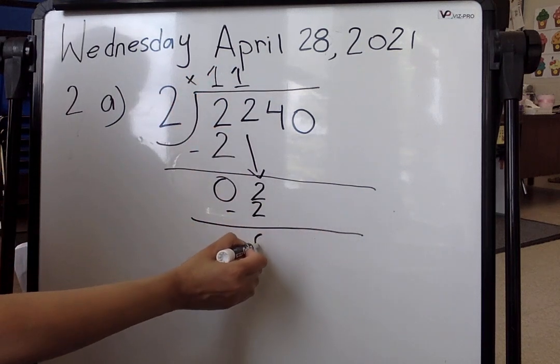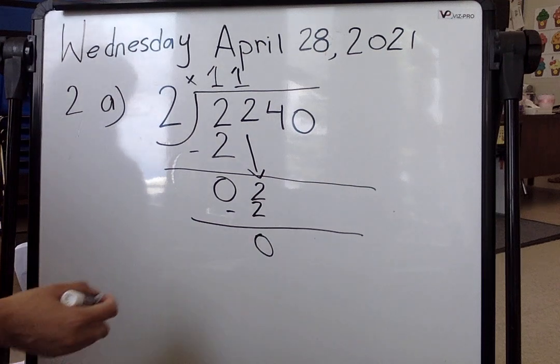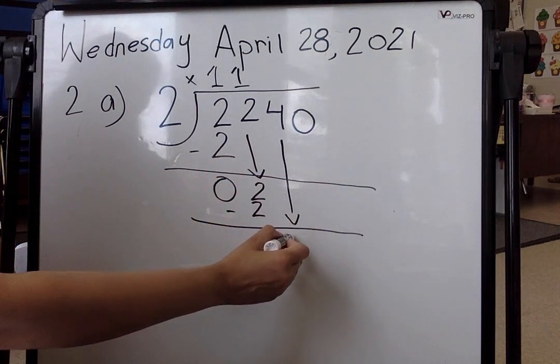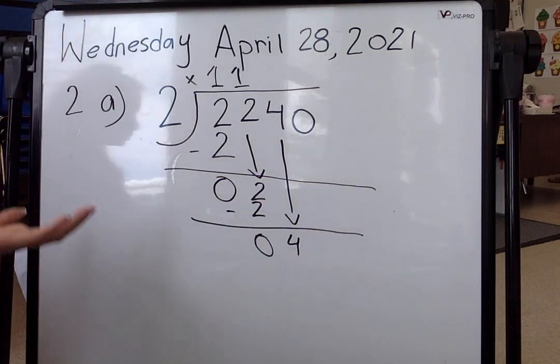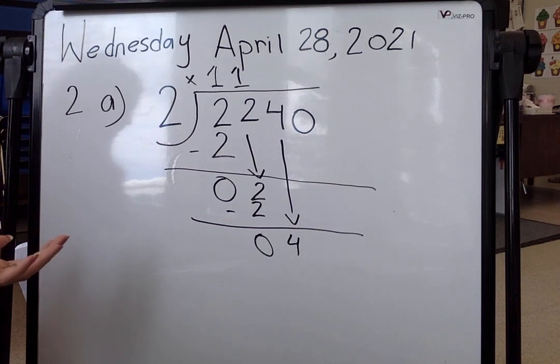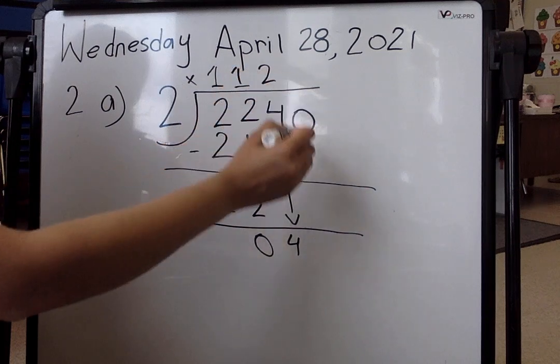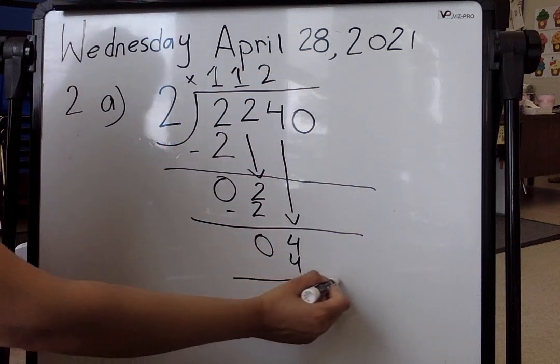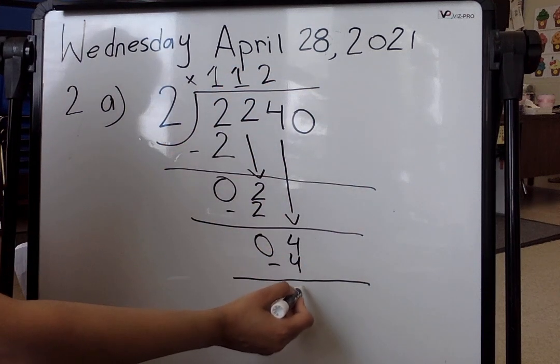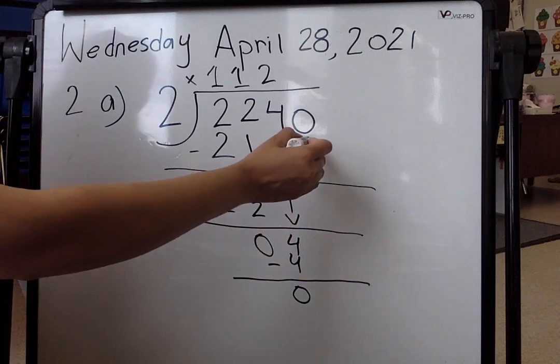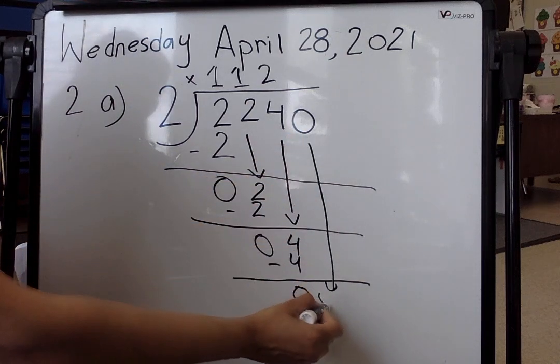I subtract it. I'm left with nothing. Then I bring my 4 down. Again, I go back to my 2 times table, and I do 2 times 2 gives me 4. I subtract. I'm left with nothing. And then I bring this 0 down right beside it.